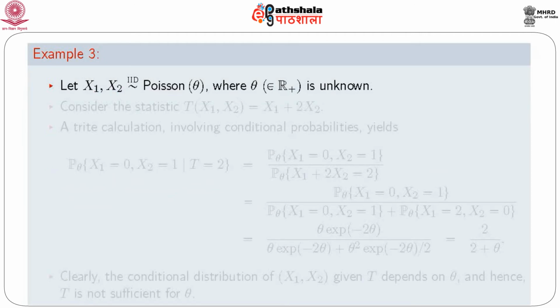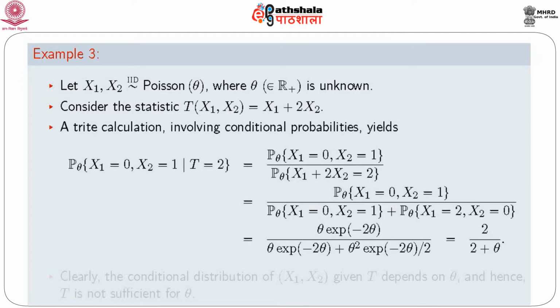Now we consider an example. Let X1 and X2 be independently and identically distributed Poisson random variables, each with parameter theta, where theta greater than 0 is unknown. We consider the statistic capital T equals to X1 plus 2X2.